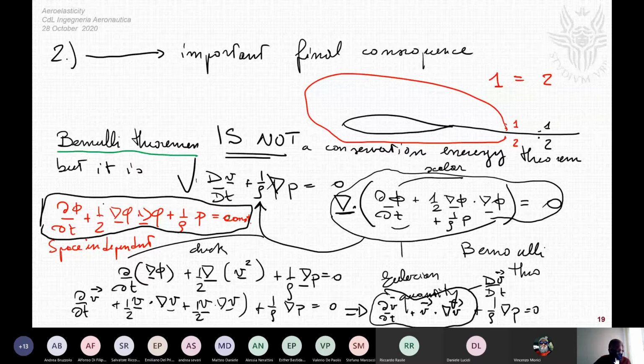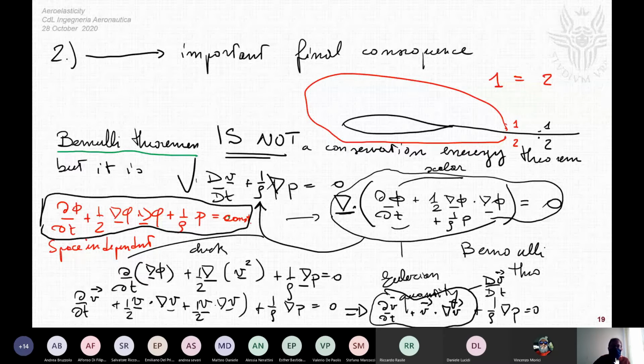In fact, if you take this equation, the gradient of this scalar quantity is just the momentum conservation, identical to this here. Okay, and therefore the Bernoulli theorem is actually representing, in a scalar form for a potential flow, the momentum conservation.